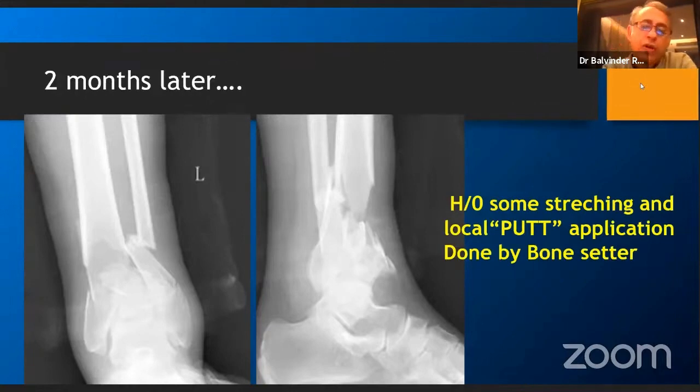This patient is 2 months down the line and the soft tissues have already settled down. So I would want to look at a CT scan to see how badly the articular surface is comminuted. If we feel the articular surface is beyond reconstruction, which I suspect looking at the first X-ray, I suspect it might be really shattered, I would straight away offer a primary fusion for this patient.